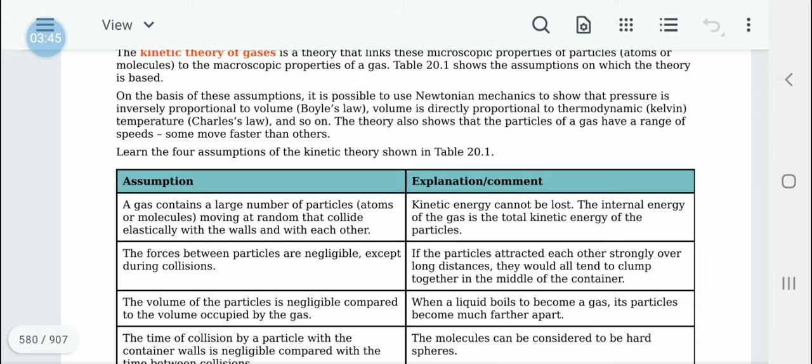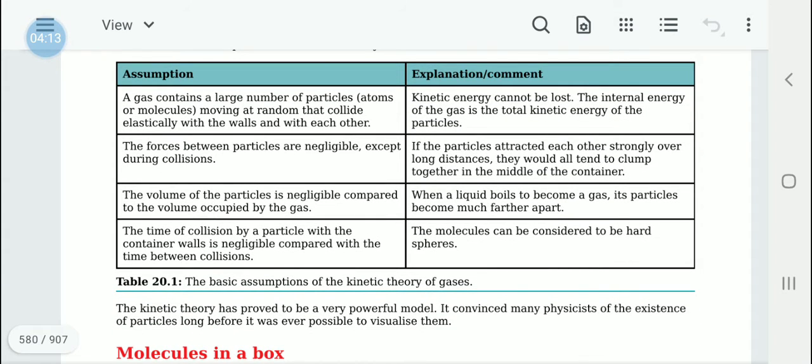Most of the particles would have the average or close to average kinetic energy that gives rise to that particular temperature. But there can be particles which would have a higher kinetic energy, and also there would be particles with lower kinetic energy. All of these taken in average will give an average kinetic energy that results in the temperature that we take. So these are the assumptions and the explanations.